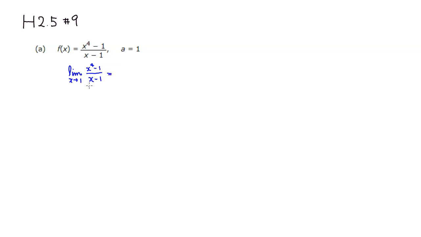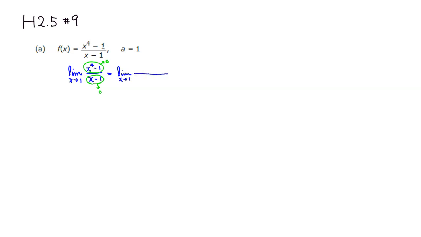And obviously, if you plug in 1 for x, the denominator goes to 0, and here the numerator goes to 0. So we're going to have to do something. Luckily, we can factor the numerator. So let's do that.